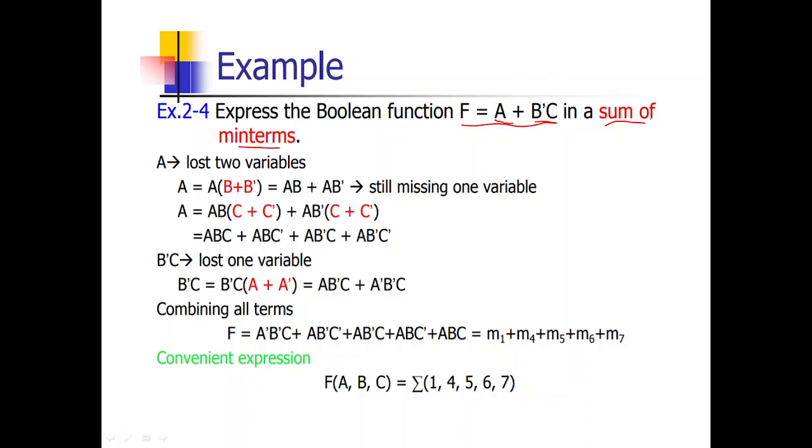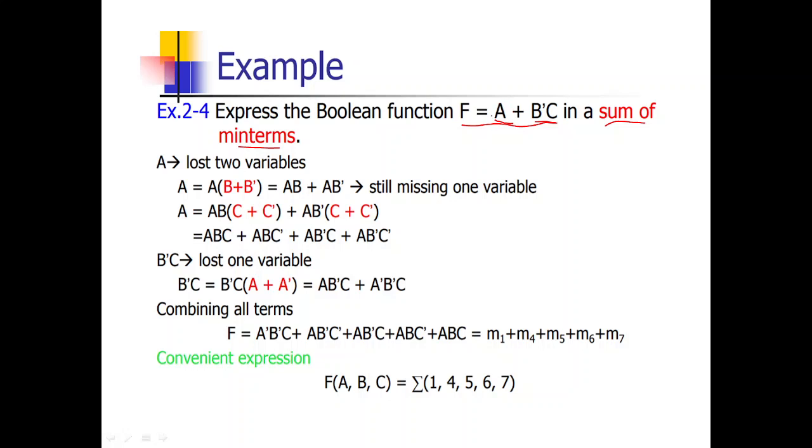So we have to follow a procedure. We have to check each and every term in the Boolean function. If any term is missing any variable, the missing variables have to be added here. Consider the first term in the Boolean function, it is a.